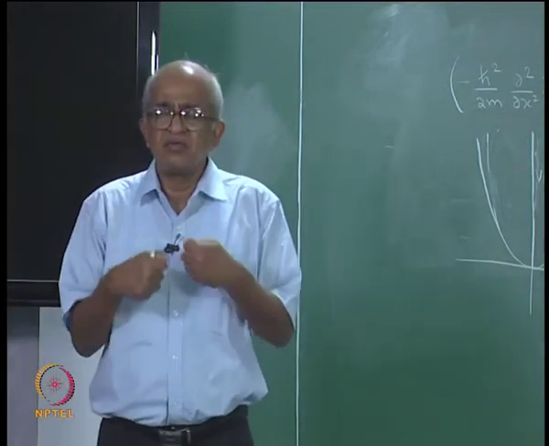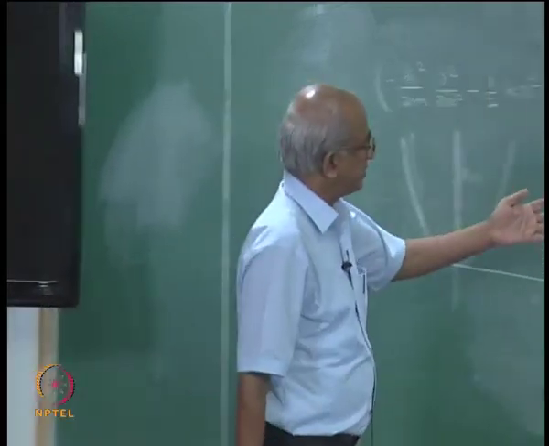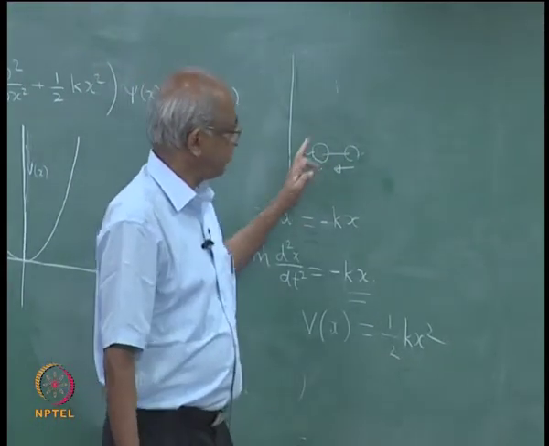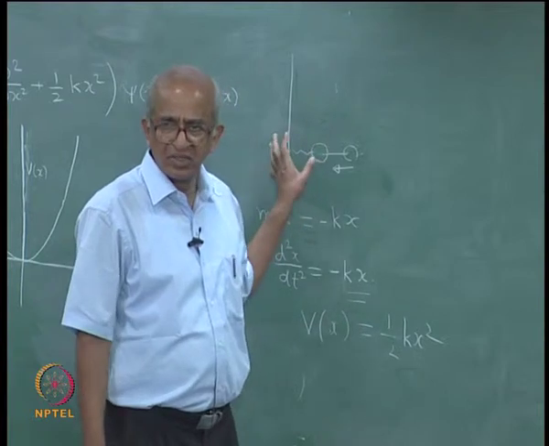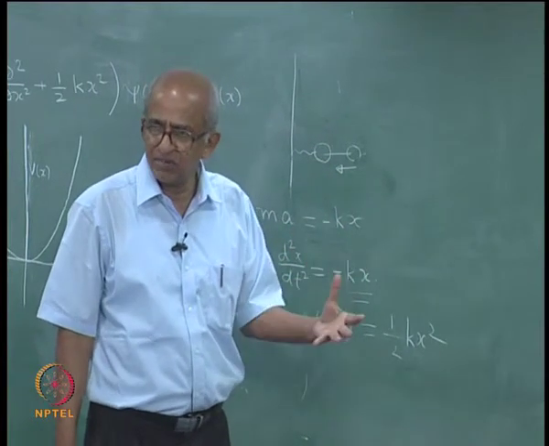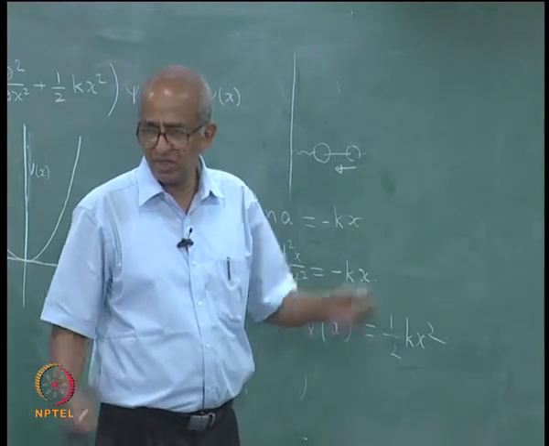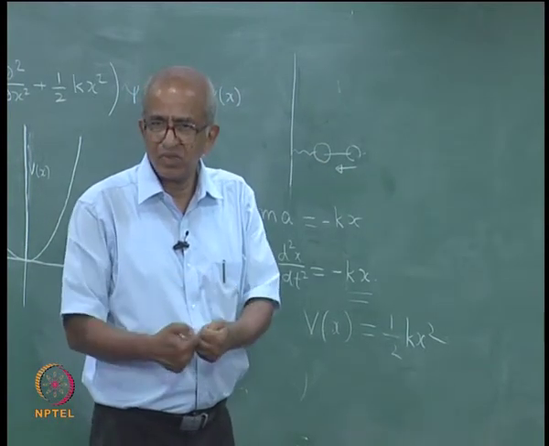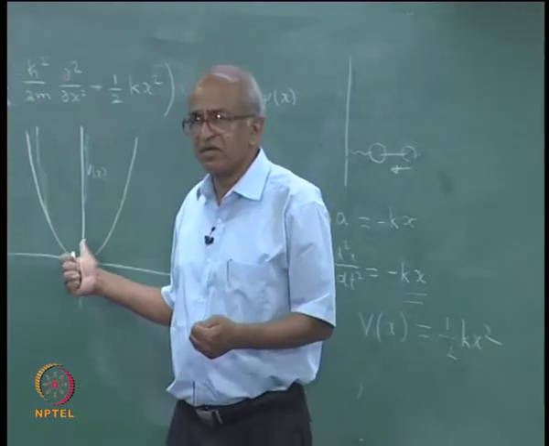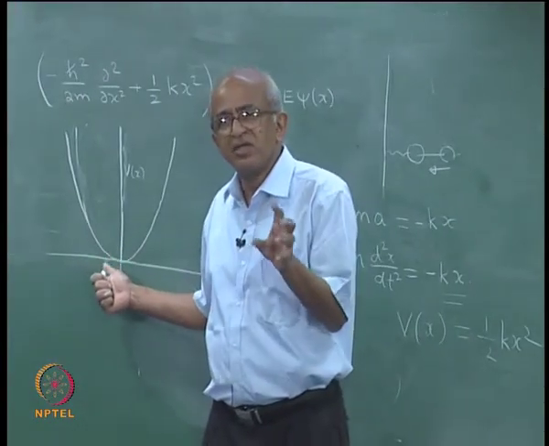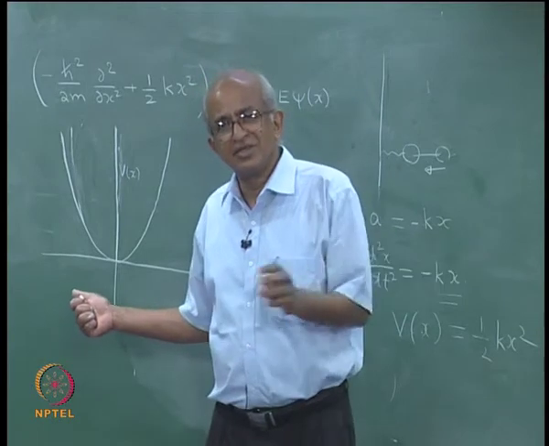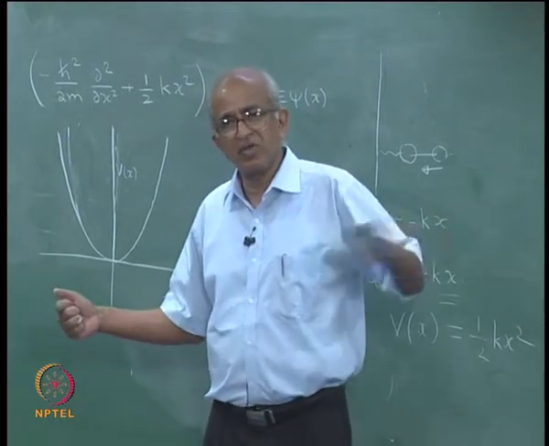But if I had an actual hydrogen atom attached to tungsten and went on supplying energy to the bond, the bond will eventually break, and once the bond is broken, the atom will go away. So, the process of dissociation will take place, but this model has the defect that the atom will never detach from the surface, it will just go on vibrating.